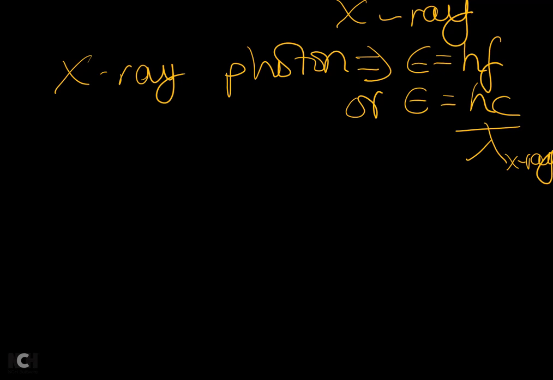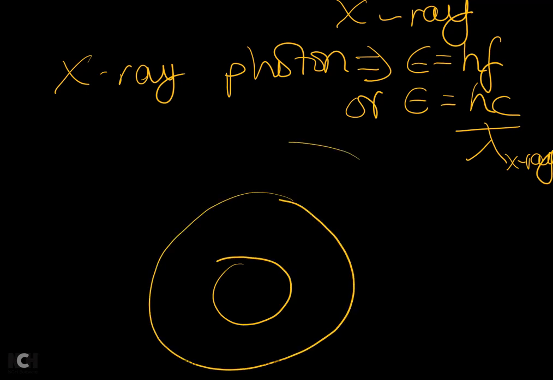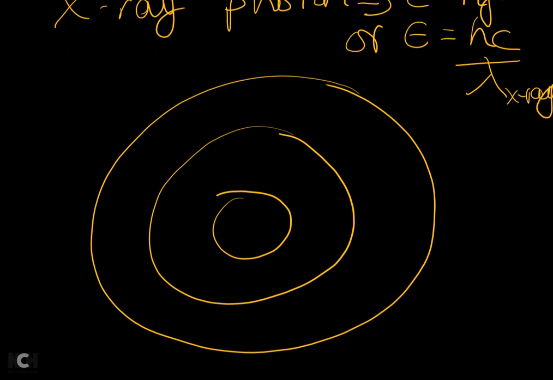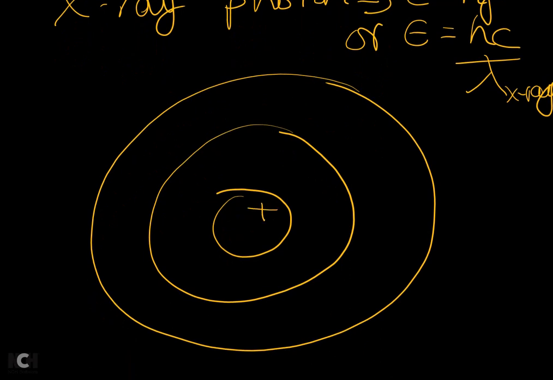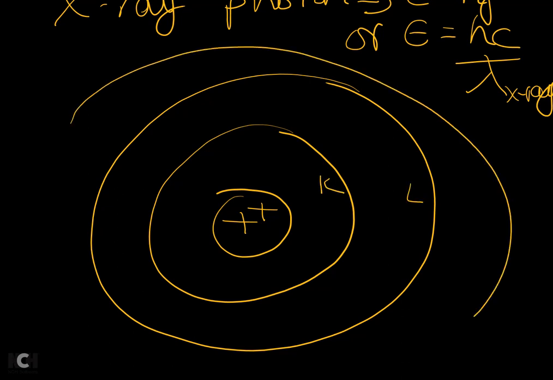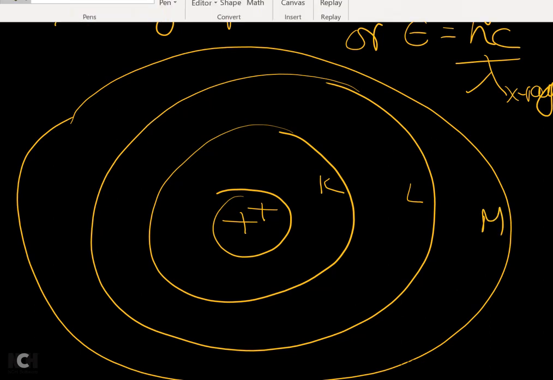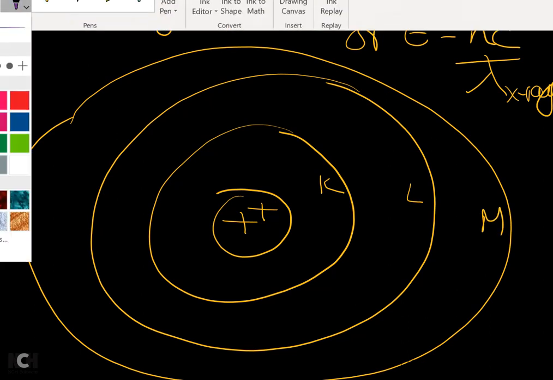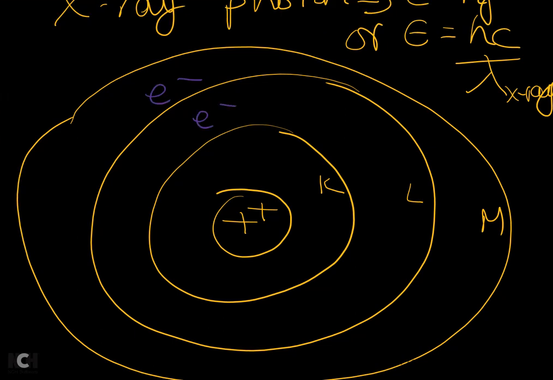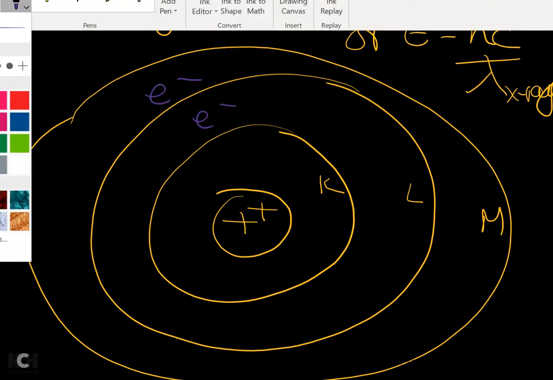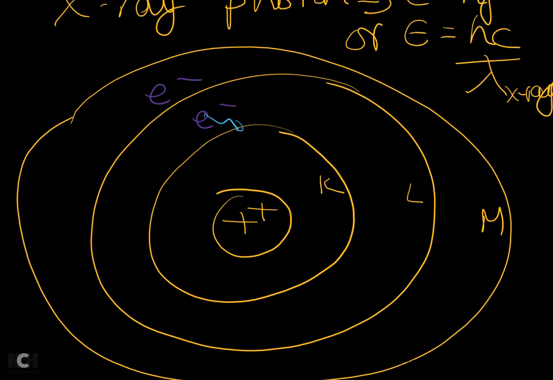And what it does is that it looks specifically at the shells around the nucleus. So let's look at the nucleus here. And then the first shell we have is the K, then we have the L, and then we're going to have the M. So what happens here is when you have an electron which comes in, it basically knocks off a specific electron from the K shell.